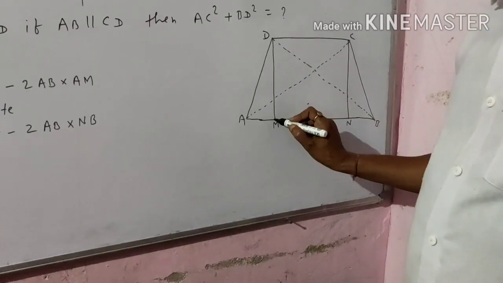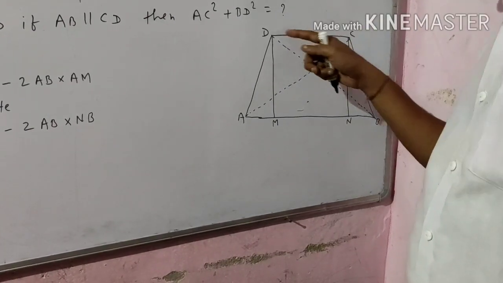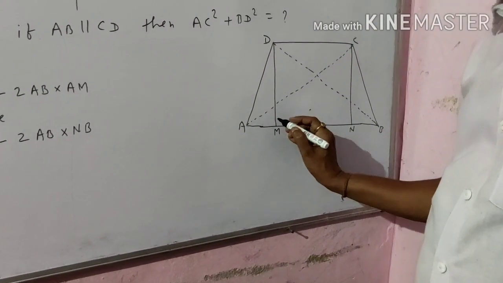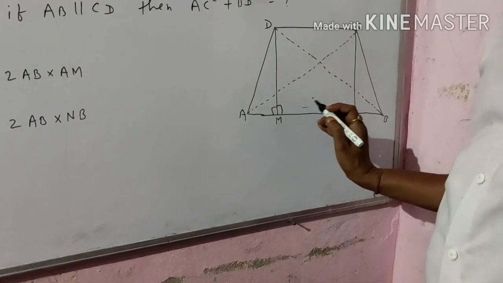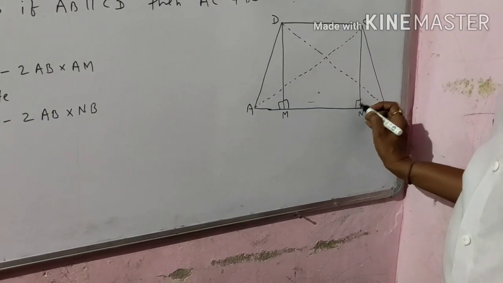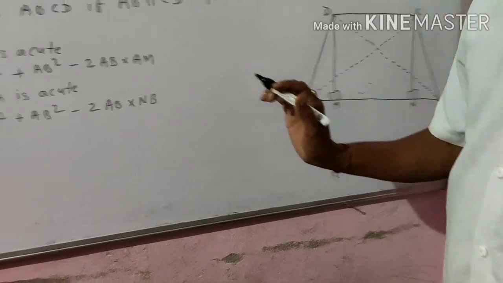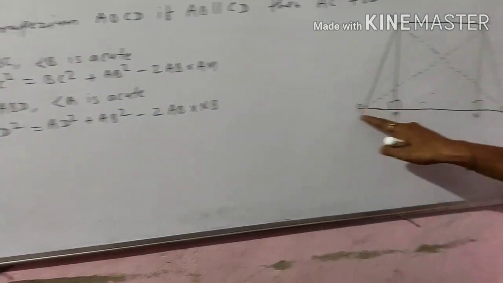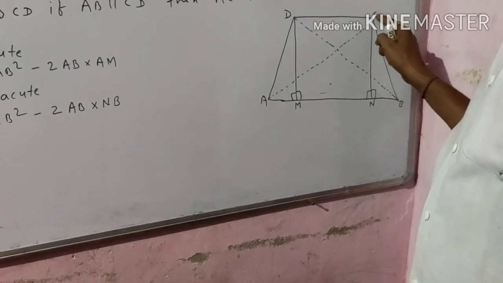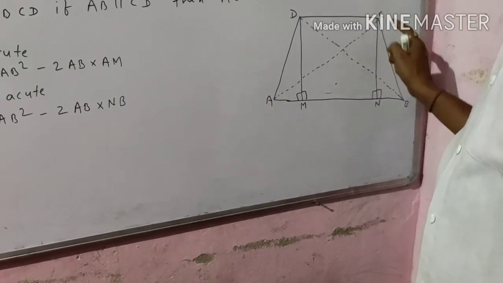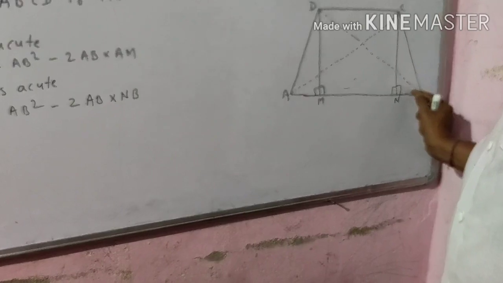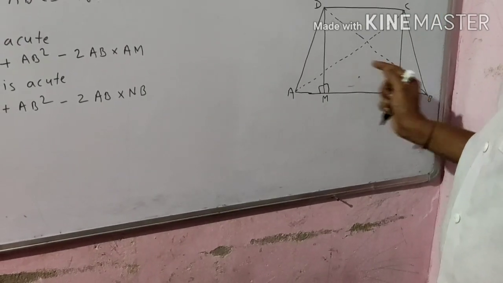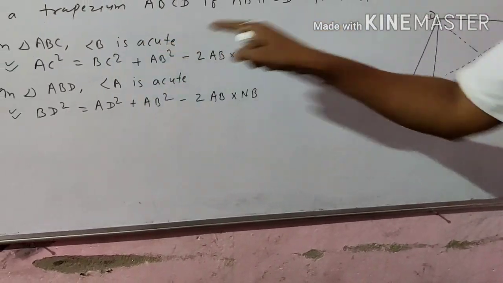Make here a perpendicular on AB, meaning DM is perpendicular to AB, and CN is also perpendicular to AB. So here, student, in triangle ABC, angle B is the acute angle.